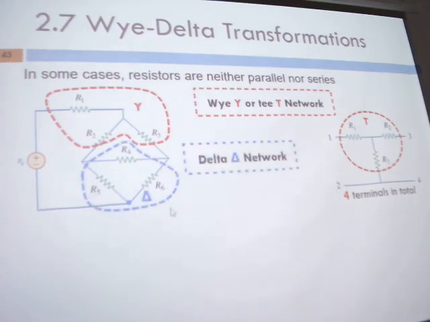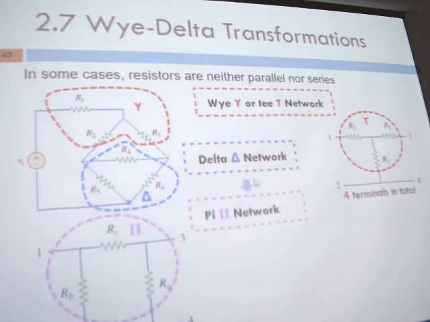This connection is called delta network or pi network. If we split this node like this, because here is just a wire, right? So we say a wire connected between 2 nodes can be considered as 1 node. And we also can break it, right?